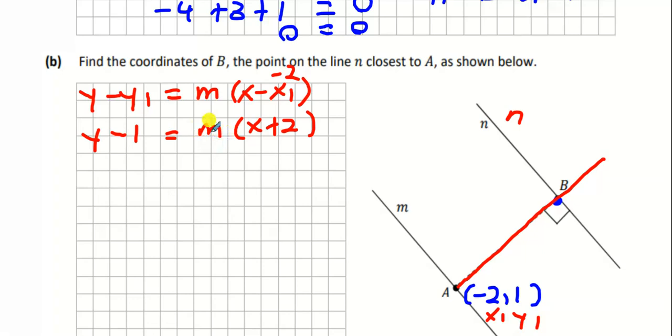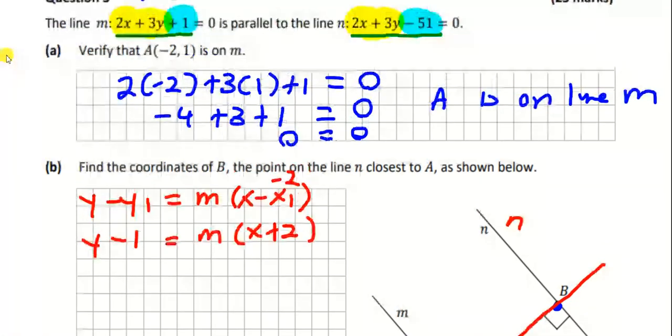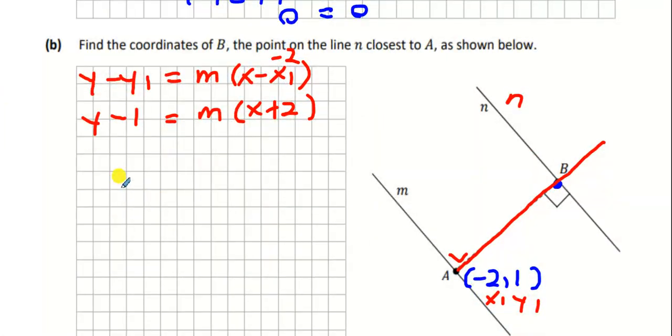Next thing, how am I going to find the slope? Well, we know that it's at 90 degrees, because B is closest to the point A, so it has to be a 90-degree line, and so I'm going to need a perpendicular slope. So I'm going to look at the original line here, the 2x plus 3y.